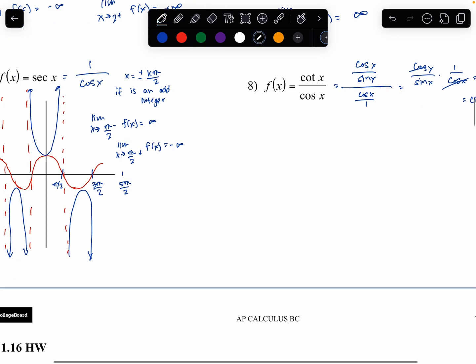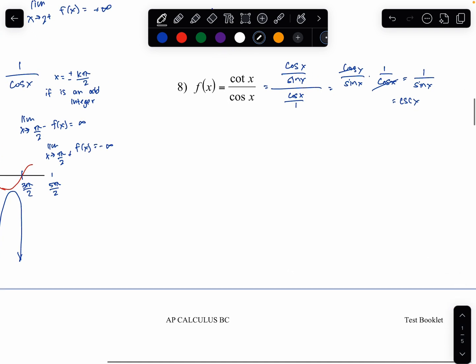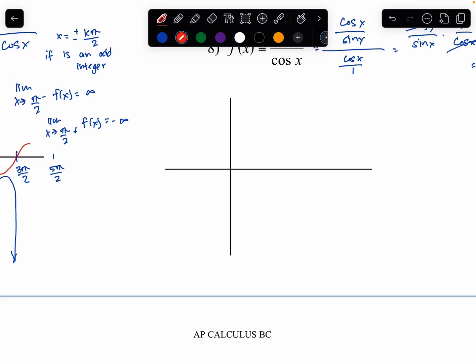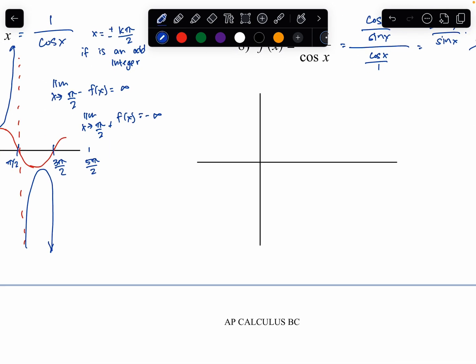So it's going to be very similar to what we just graphed. If I graph something similar to that, it's going to be based off of sine of x, because we want to find where sine of x is equal to 0. And so sine of x is going to start by going like this, going down, coming back up, and then back down, so on and so forth.